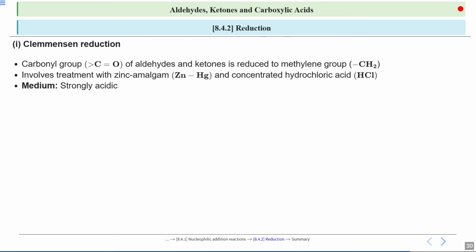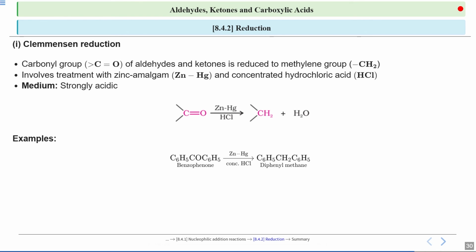If we move further, if you look at this reaction, this is a carbonyl group. When you treat it with zinc amalgam in the presence of hydrochloric acid, this carbonyl group gets reduced to a methylene group, CH2, and water is released. For example, this is benzophenone, a compound with two phenyl groups attached to the carbonyl group, and it is reduced to diphenylmethane.